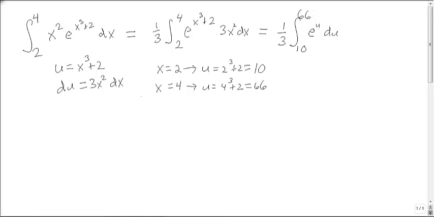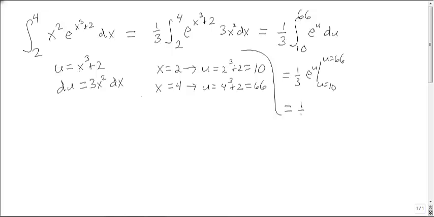So I had to convert my bounds to be in terms of u. And now what I'm going to get is 1/3. If you do an antiderivative of e to the u, it's a nice case. It gives us e to the u back. And then for these bounds, sometimes I'll write u equals 10 and u equals 66 instead of just 10 and 66, just to emphasize that we're plugging in values of u as opposed to x.